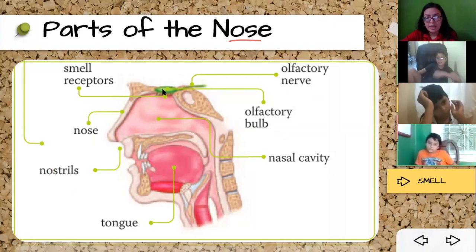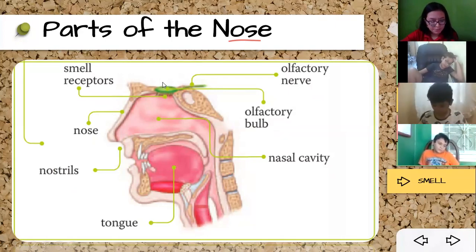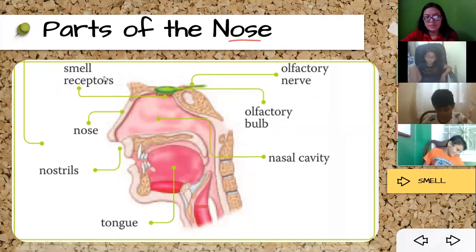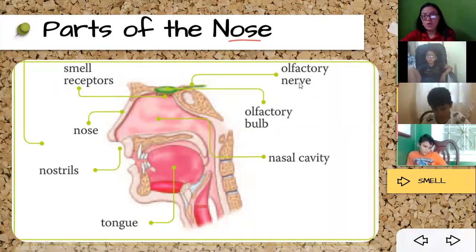In this area, the olfactory cells, or the smell receptors, transmit the information to the brain through the olfactory nerve.